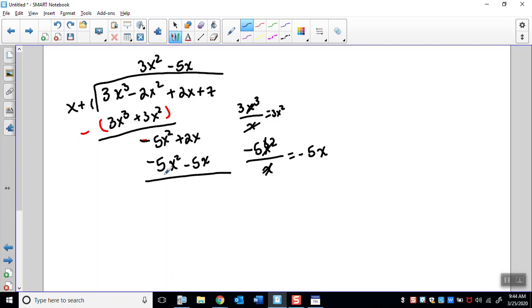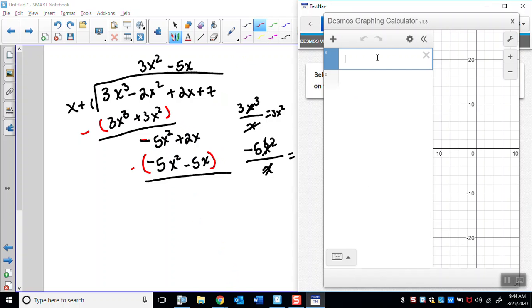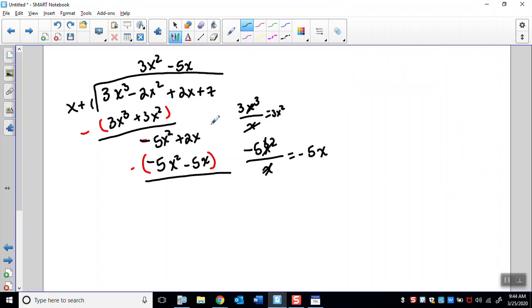Okay, these two get crossed out, but then here, 2 minus negative 5, okay? 2 minus negative 5 is positive 7. Positive 7, and then you have your x. Bring down the 7, and now you do 7x divided by x.